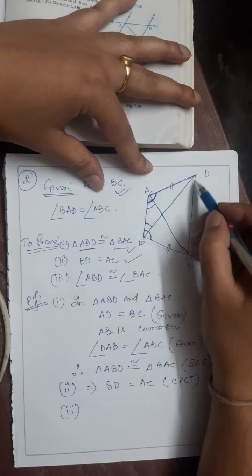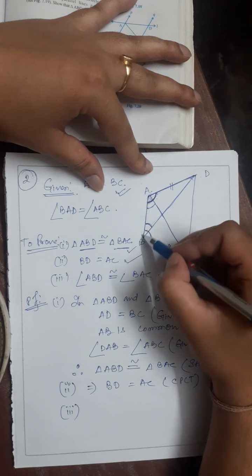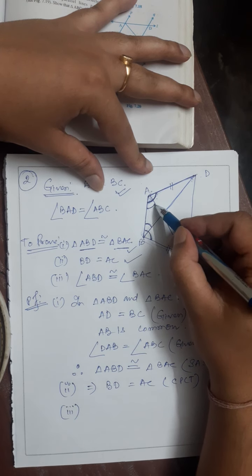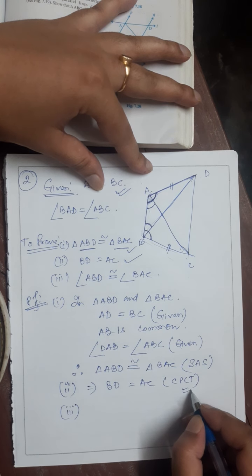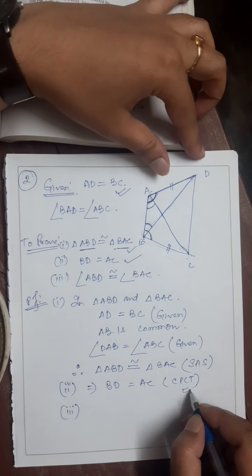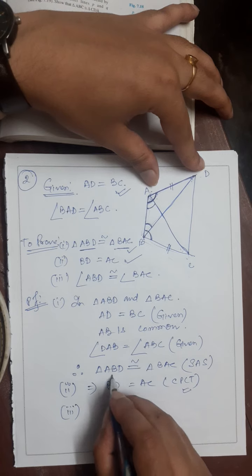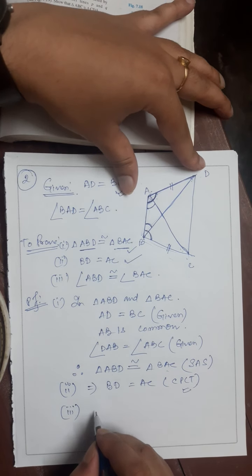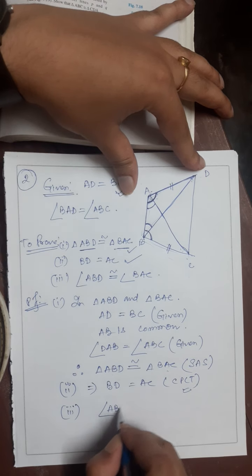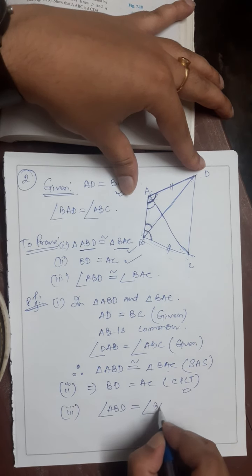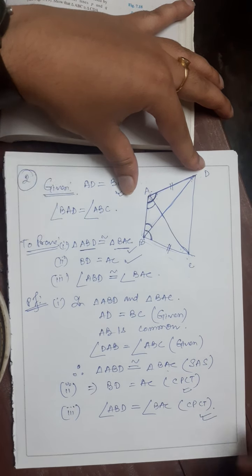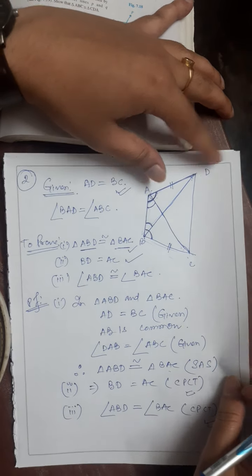Now see, ABD belongs to this triangle, and BAC belongs to the second triangle. So again we can take another CPCT. We can take as much CPCT as we want unless these two triangles are proved congruent. So the third is also coming in CPCT, and angle ABD is equal to angle BAC. This is also CPCT. So this sum is also done.